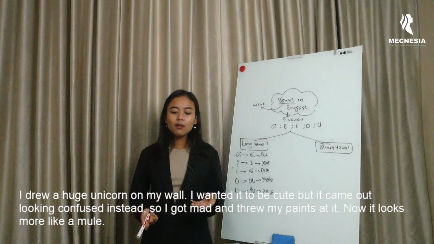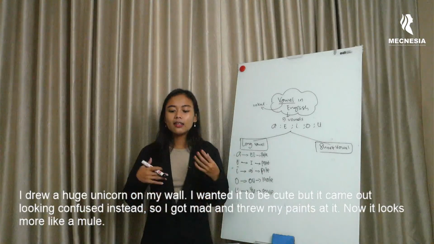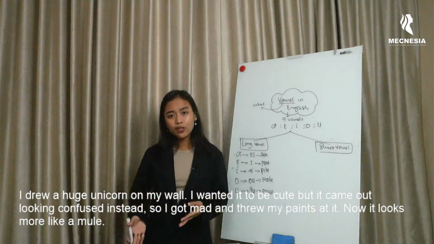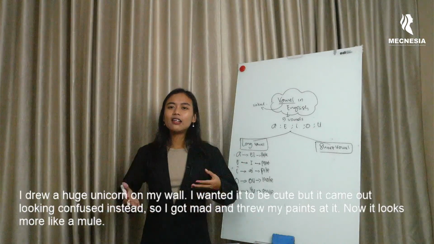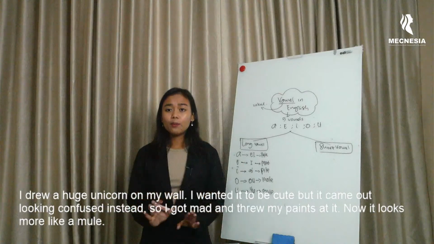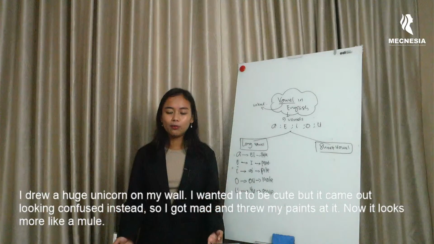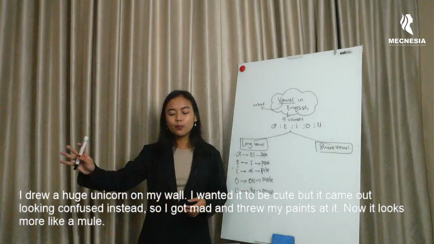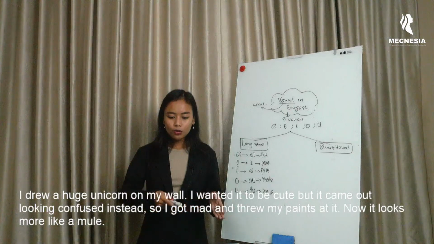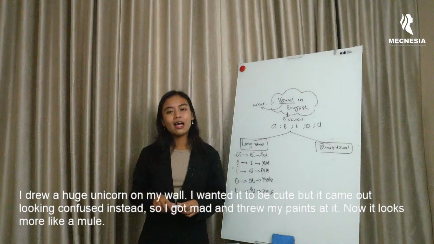But it came out looking confused instead. Tapi malahan dia terlihat confused, bingung. Tapi gambar unicorn itu malah terlihat bingung. So I got mad and threw my paints at it.